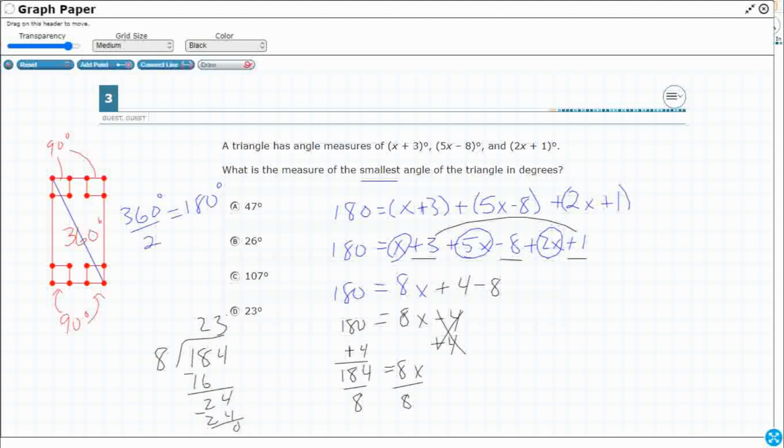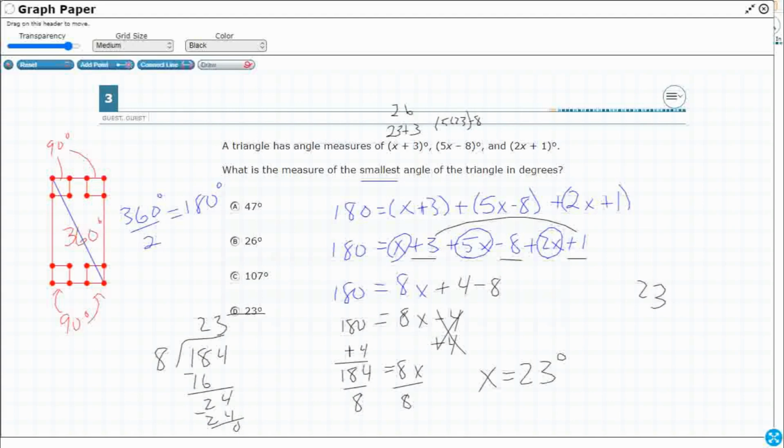Now, that is not my answer. That is how much x equals. Now I have to go back in, and I got to plug in 23. So this angle right here is 23 plus 3, so that's 26. This is 5 times 23 minus 8.